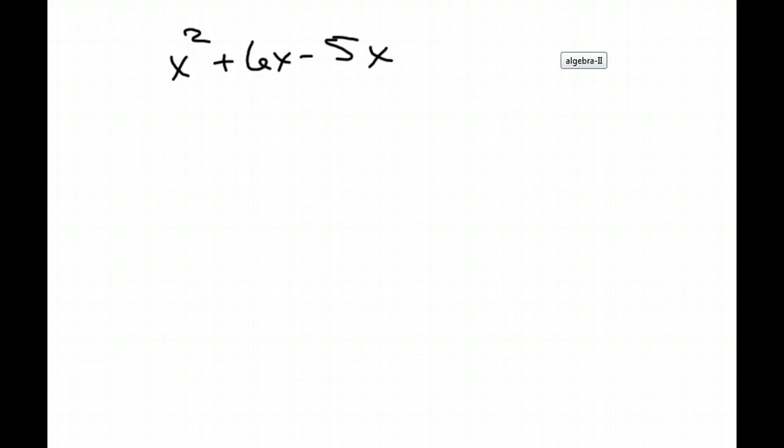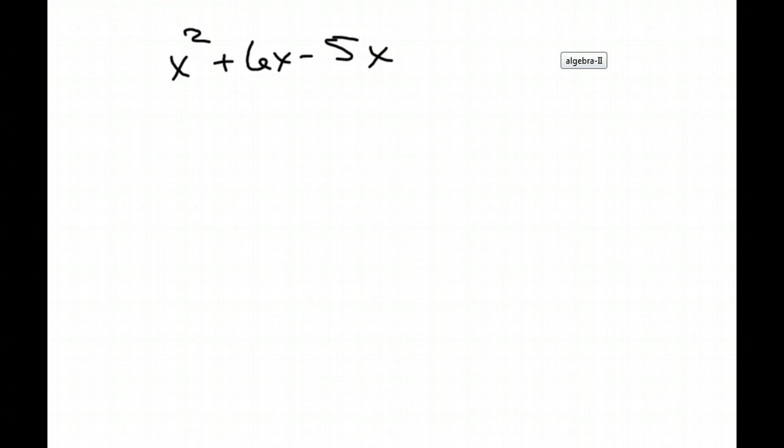What we're looking for is a trinomial that has an exponent of 2 and a leading coefficient of 1. You know what leading coefficient means?